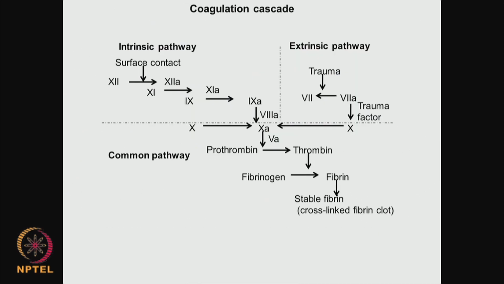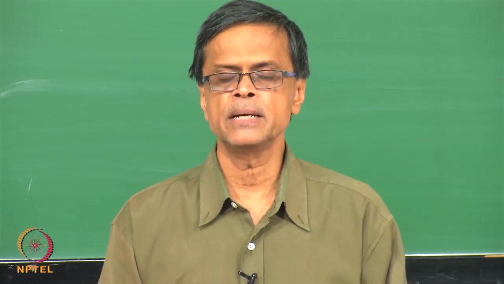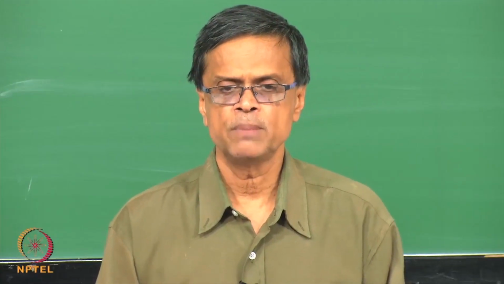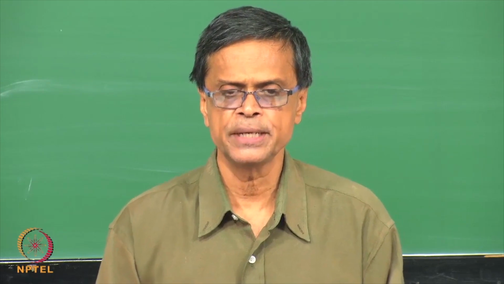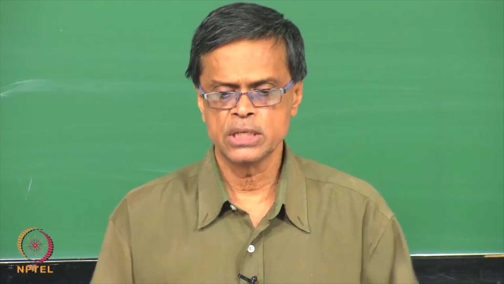So, it is very difficult to tell. So, there is inflammation and wound healing, because the surgeon has opened the human part to place a biomaterial. So, a wound is created and there is a presence of a biomaterial which also leads to certain inflammatory responses and wound healing responses.